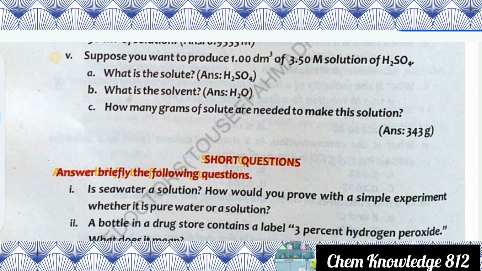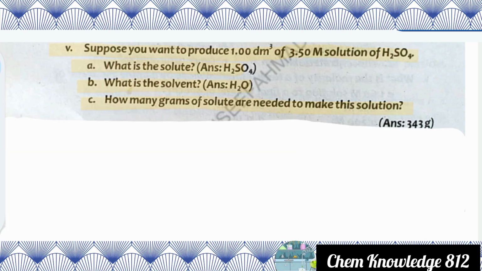The final numerical is, suppose you want to produce 1 cubic decimeter of 3.5 molar solution of sulfuric acid. What is the solute? What is the solvent? How many grams of solutes are needed to make this solution? We have 1 cubic decimeter, 3.5 molar.